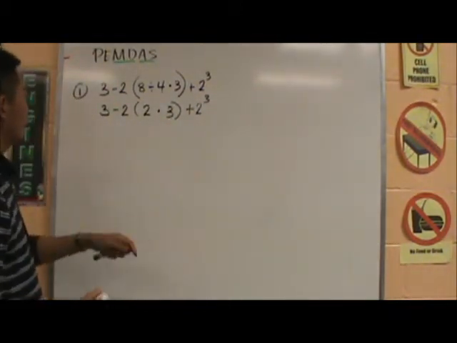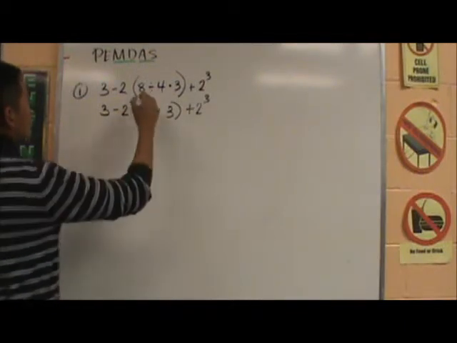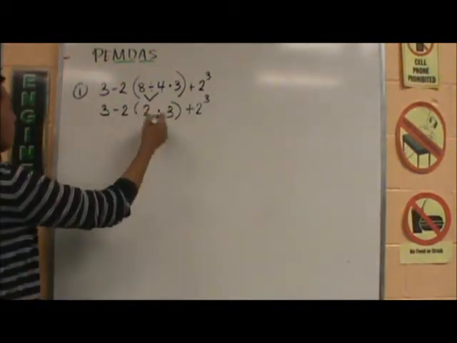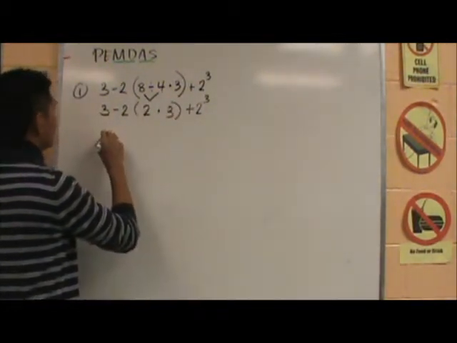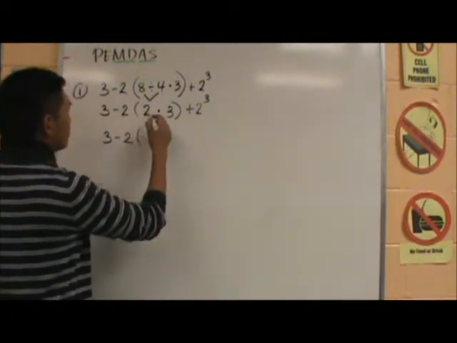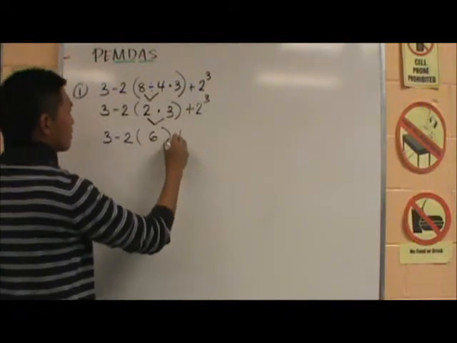Now that I'm done with 8 divided by 4, which is 2, I'll go ahead and multiply 2 and 3. So 2 times 3 will give me 6.